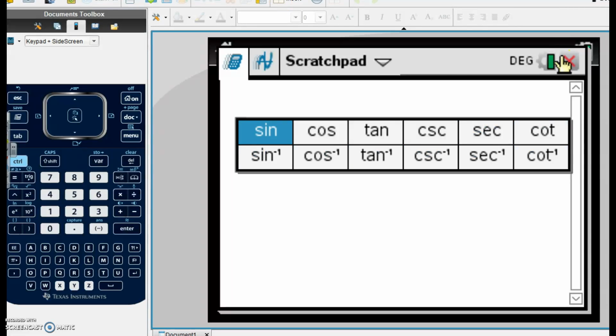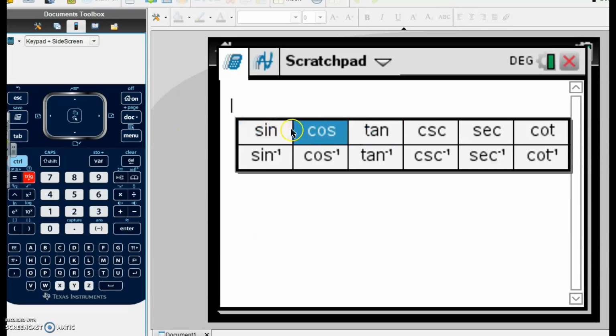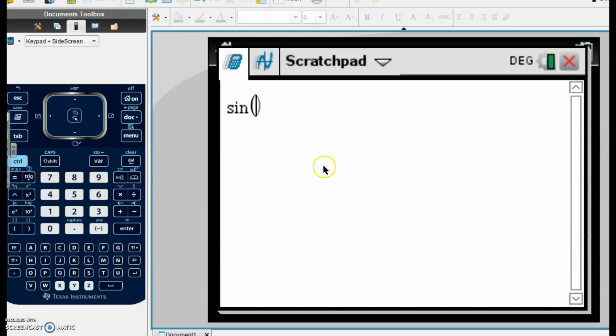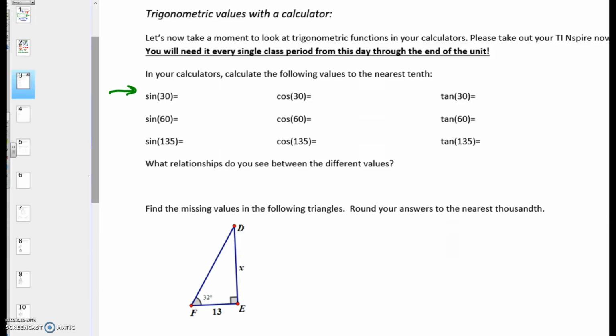Let's pause. Okay, trying this again. We have a button that says Trig. When I click it, I've got my options. Y'all are just going to deal with these 3 buttons in this class, sine, cosine, and tangent. So I'm going to click the sine button, and I'm going to type in 30. We're already set in degrees, so I just hit 30, and I notice that 30 equals 0.5. So coming back here, sine of 30 degrees is 0.5.